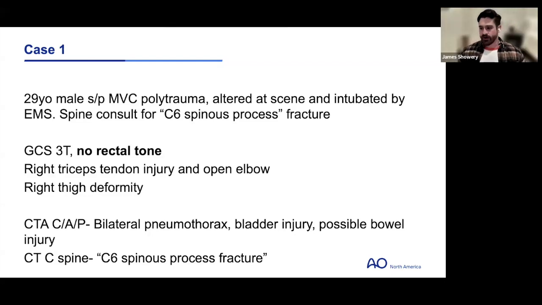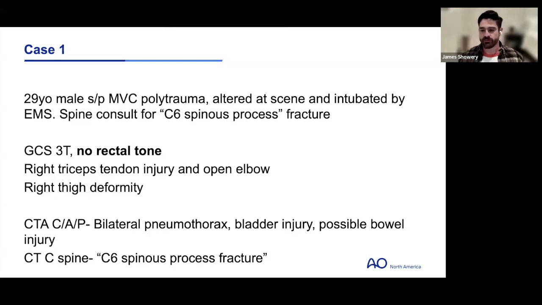Yeah, so this is kind of a common scenario. You're on call, you get a phone call from a trauma resident who doesn't quite understand what's going on either, and they're telling you some information that should be raising your antenna. So they say a C6 spinous process fracture. That ordinarily is not that significant, but this patient, they're telling you, has no neurologic exam. They're GCS 3T. They're not responsive.